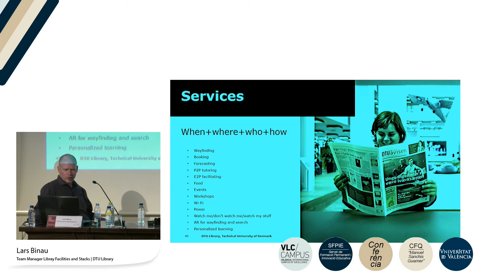So when it comes to services, we really want to use these sensors to create new services. And it's pretty much about answering these when, where, who, how questions for students. And we can use the technology to do that.